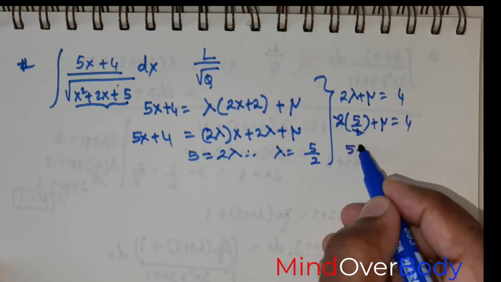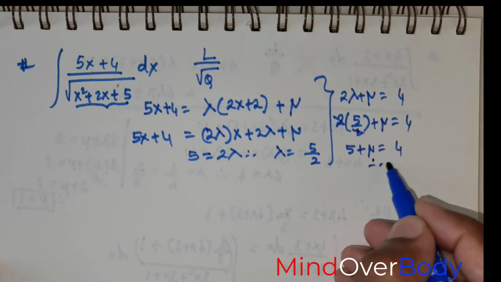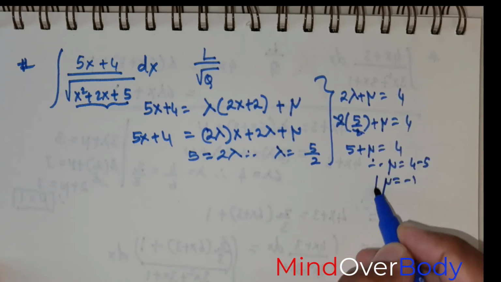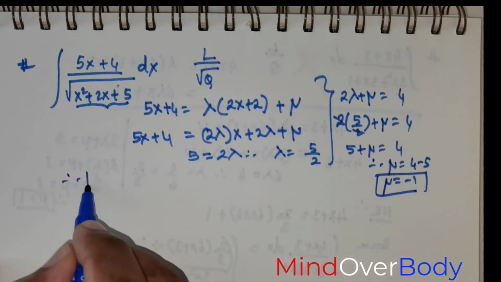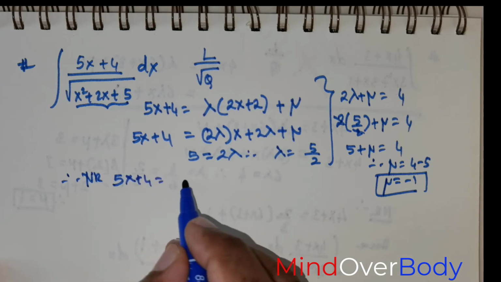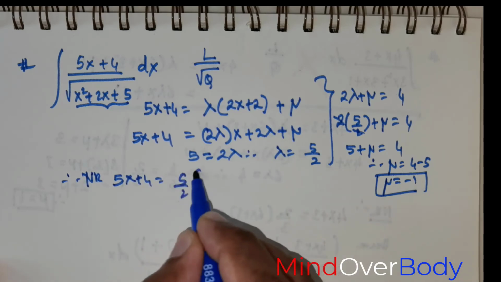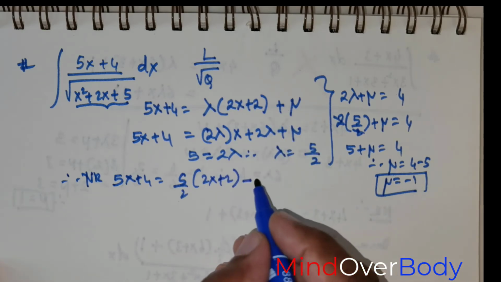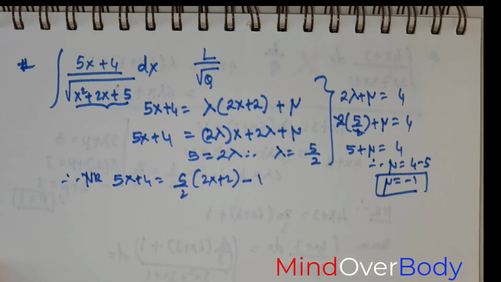The 2 can be cancelled: 5 plus mu is equal to 4. Therefore mu is equal to 4 minus 5, which is negative 1. So the numerator 5x plus 4 is rewritten as 5 over 2 times 2x plus 2, and mu is negative 1, so we place that. This is what we have got.